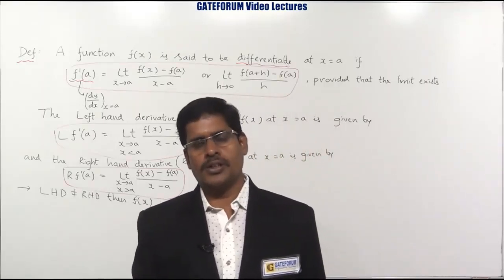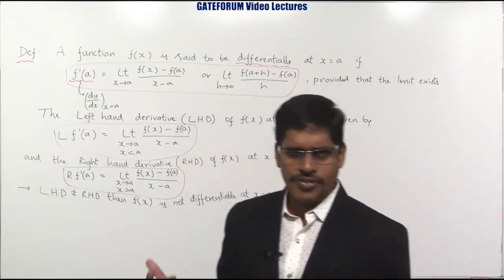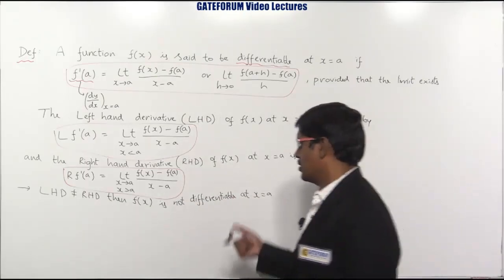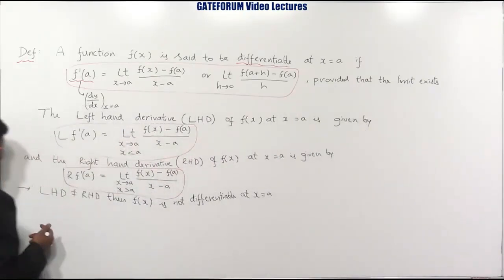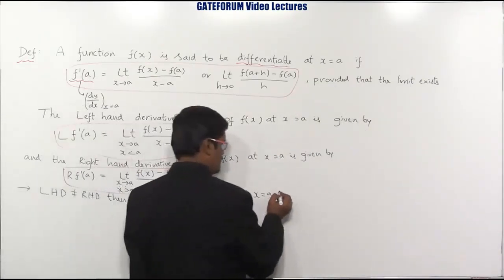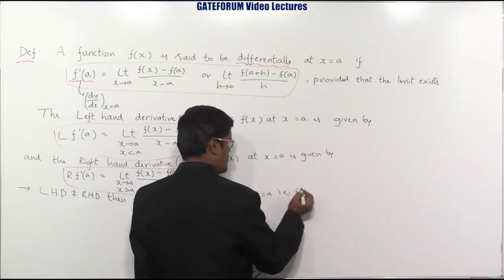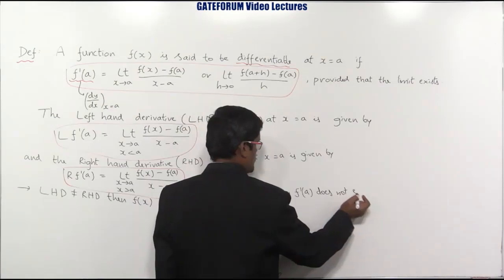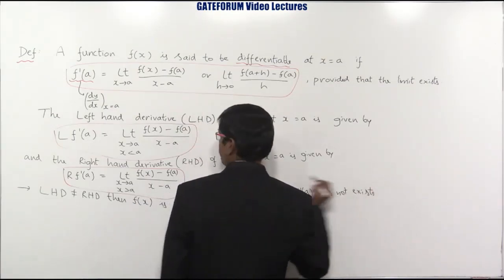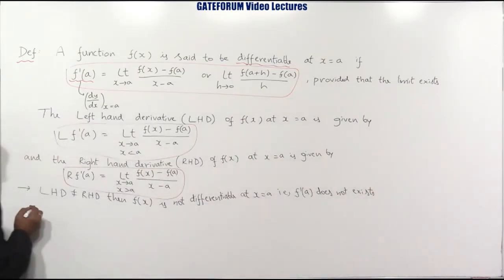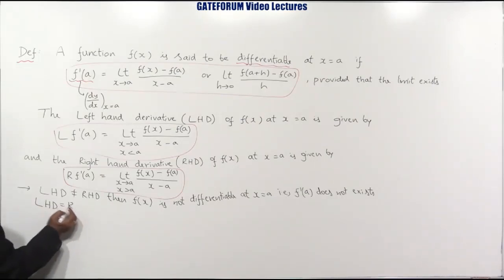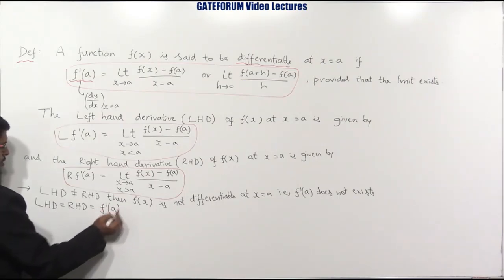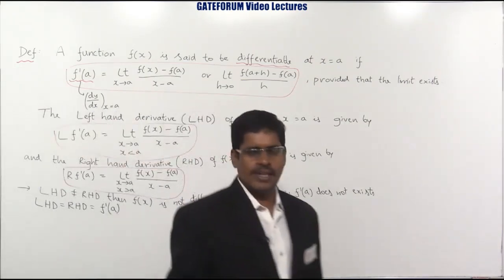When left hand derivative not equal to right hand derivative, then the derivative of f of x at x is equal to a does not exist. That is, f dash a does not exist. Left hand derivative is equal to right hand derivative, when these two are equal, which is equal to original derivative, that is f of x derivative at x is equal to a.